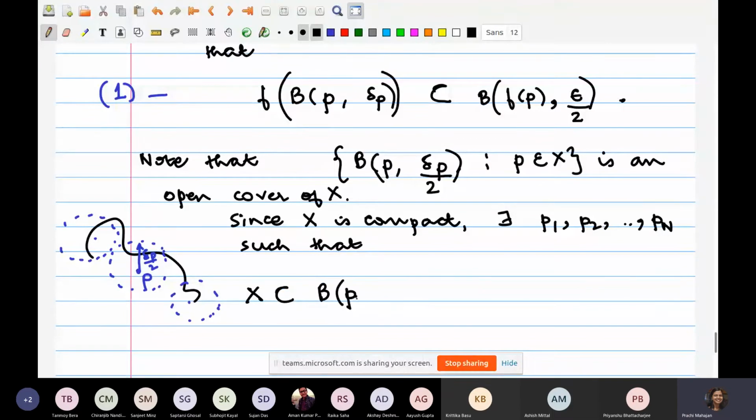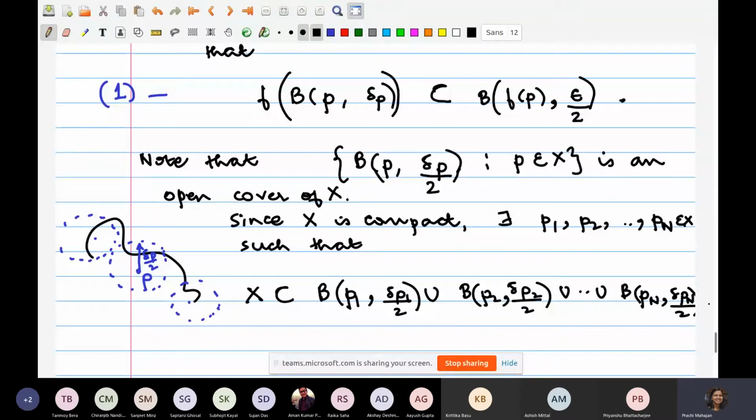So I have a ball centered at P1, delta P1 by 2, ball centered at P2, so these are all points in X, delta P2 by 2, and the finitely many, Pn, delta Pn by 2. Is that correct?